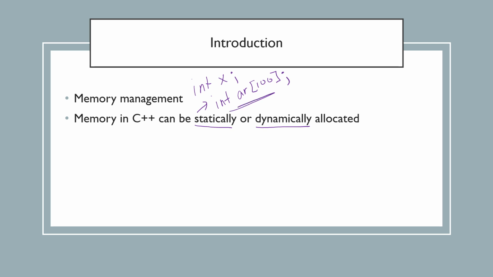If you don't know what size you're going to need, you can use pointers. With pointers, you use this asterisk, and then you also use the keyword new. And this will dynamically allocate memory for you. So for example, if I wanted an integer, I could say int *ptr.